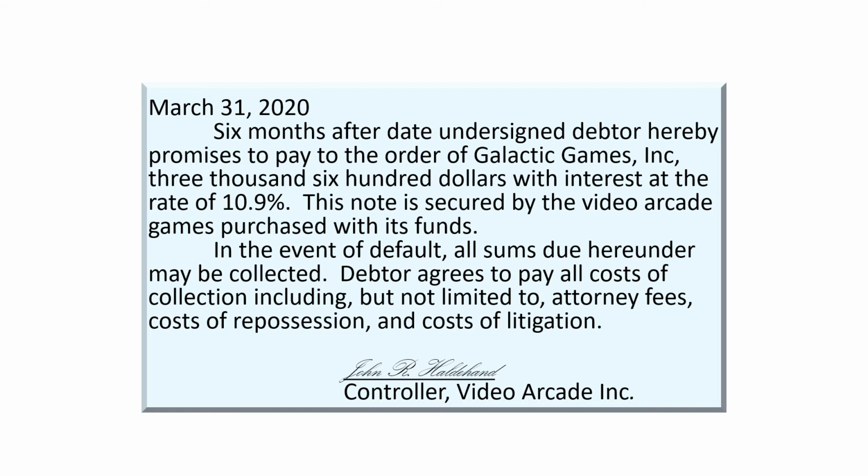It tells you what's going to happen if a party breaches. In the event of default, all sums due hereunder may be collected. So, if you breach, all of this money is due. If who breaches? The promiser, the maker of the promise, Video Arcade. The debtor agrees to pay all cost of collection, including attorney's fees, cost of repossession, and litigation.